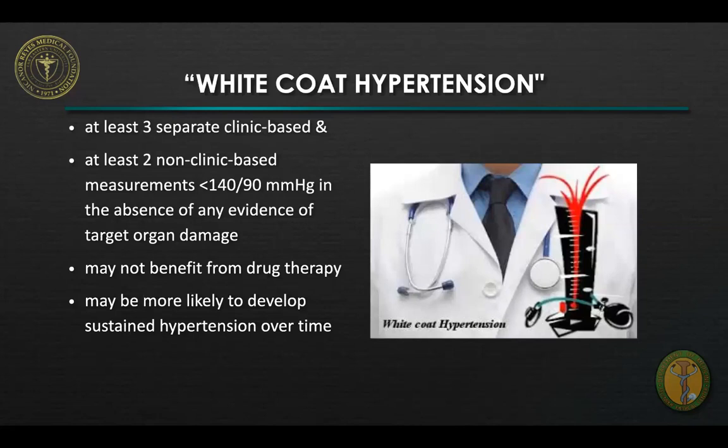We must also define what masked hypertension is. Masked hypertension occurs when a patient comes to your office and you get a blood pressure of less than 140 over 90 in a seemingly very high risk individual, meaning someone who has CAD, has diabetes, or has a history of peripheral arterial disease or any cardiovascular disease, and the blood pressure is normal at your clinic.